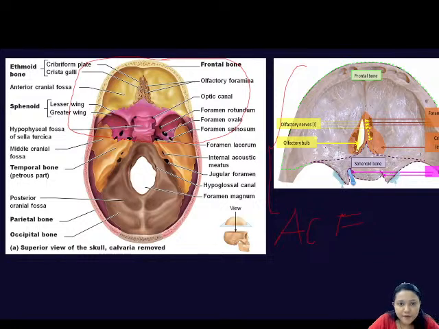So you can see what bones are taking part. You know that these are the orbital plate of your frontal bone. I hope the image is clear.